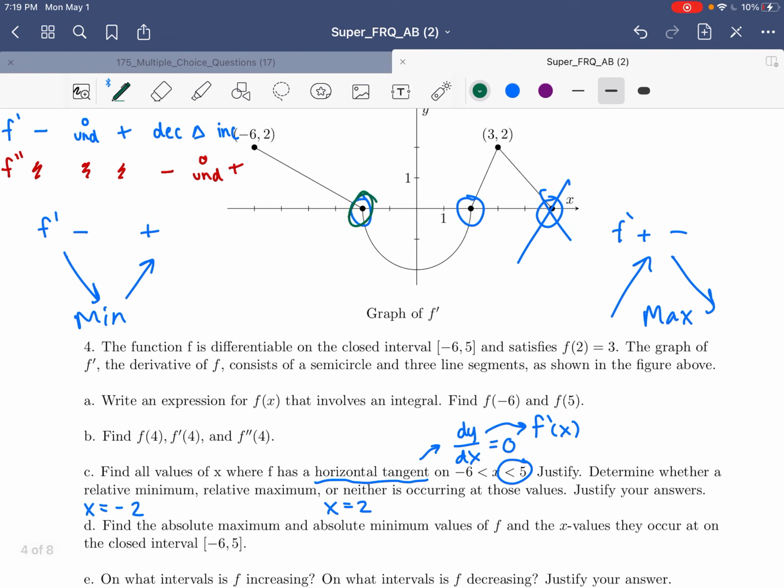So looking at this point right here, we go from positive y values to negative y values. So from positive, negative for f prime means that there's going to be a relative max. And then at 2, it goes from negative to positive, which would be a relative min.